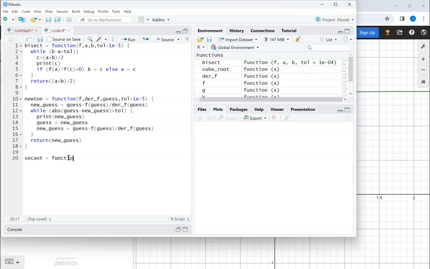I need to pass in a function, and I'm just going to call them a and b just for simplicity's sake. You can call them whatever you want. I don't care what you use for notation there. And then, of course, just like everything else, we'll put in a default tolerance so that we have a way to kick out our loop.